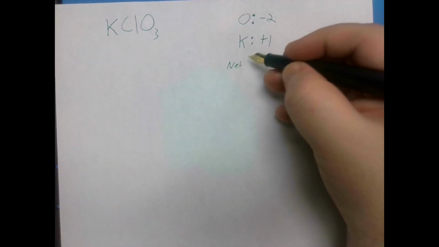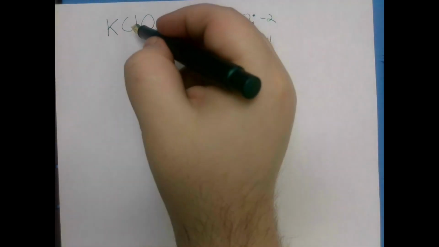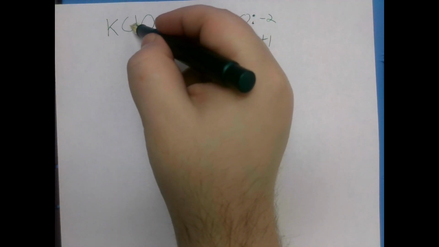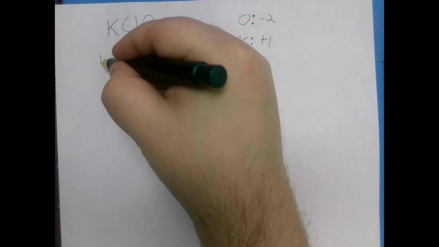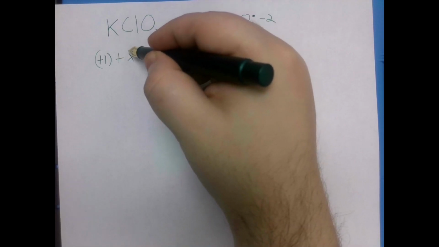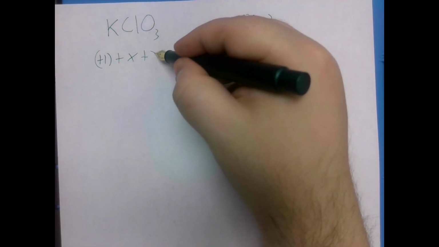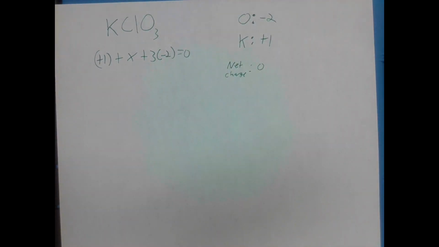It's a compound. So what is the overall charge? 0. So the net charge is 0. That means whatever oxidation number chlorine is has to balance this out. So we have +1 plus whatever chlorine is, plus 3 times -2, has to equal 0.